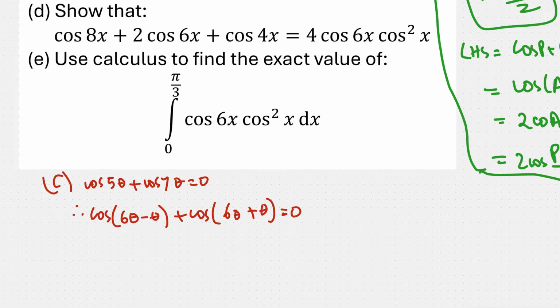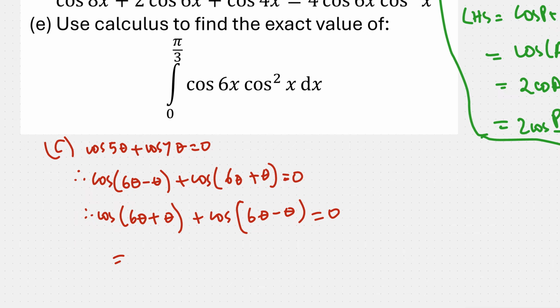So I can now bring the plus thing first. Therefore cos(6θ+θ) + cos(6θ−θ) equals 0.